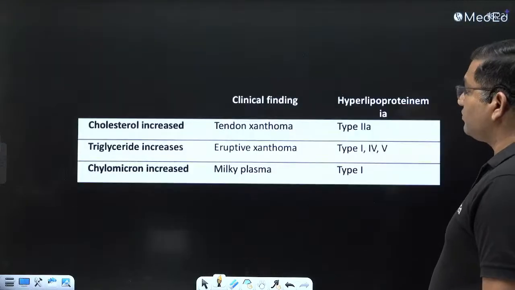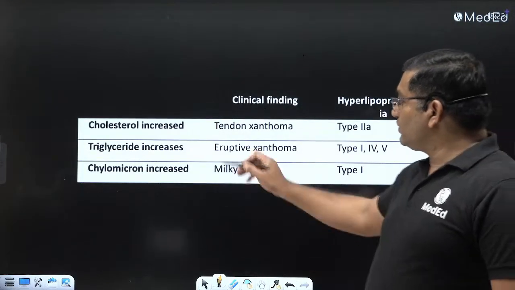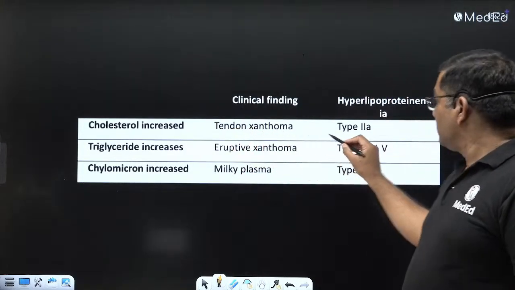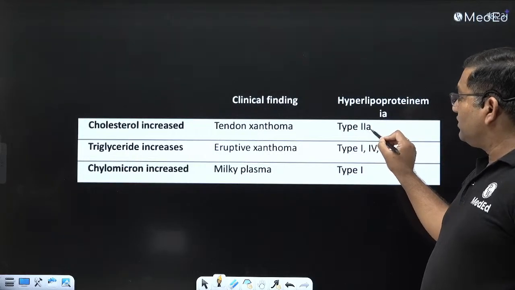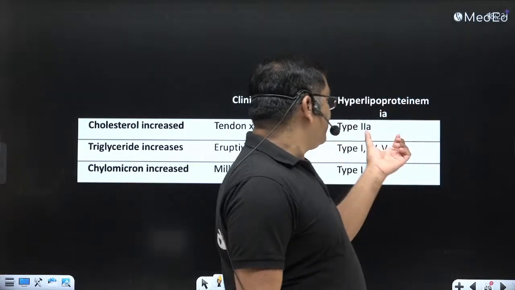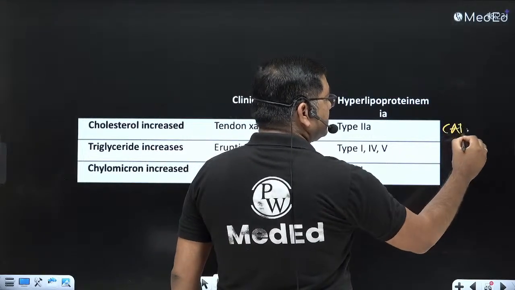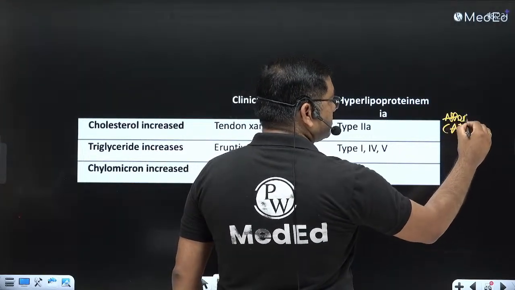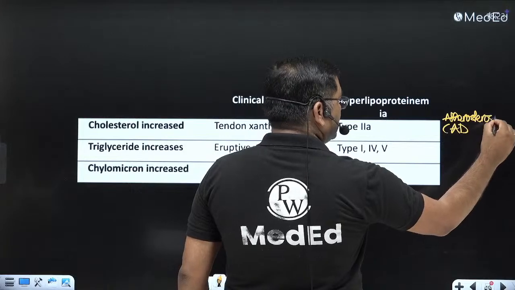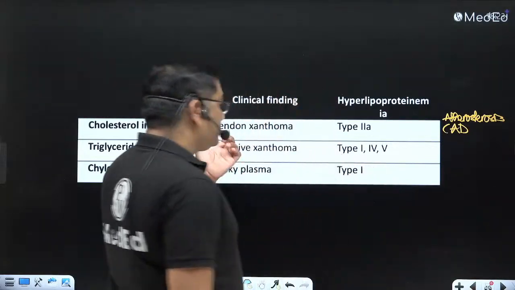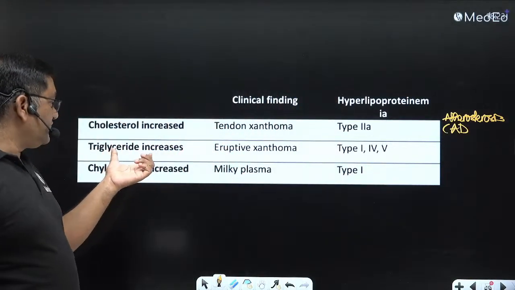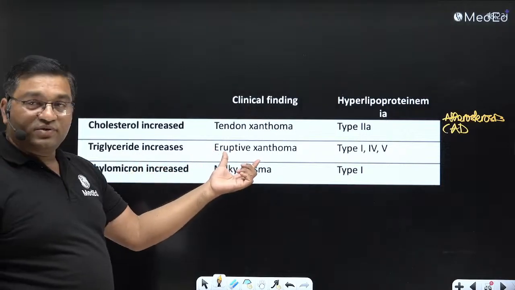hyperlipoproteinemia. When there is increased cholesterol level, there are tendon xanthomas. This is type 2A hyperlipoproteinemia. There is risk of coronary artery disease and atherosclerosis when there is increase in the cholesterol level. When there is increase in the TG level, triglyceride, it causes eruptive xanthomas.